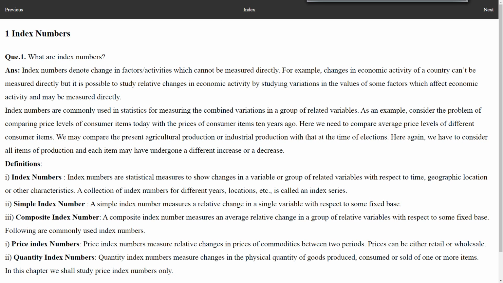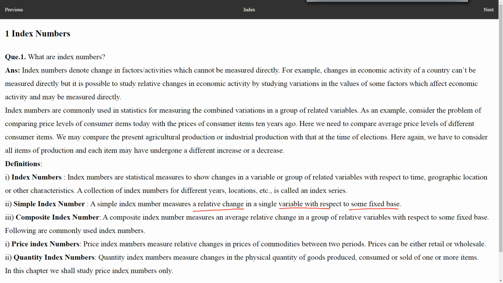Next is simple index number. A simple index number measures the relative change in a single variable with respect to some fixed base.